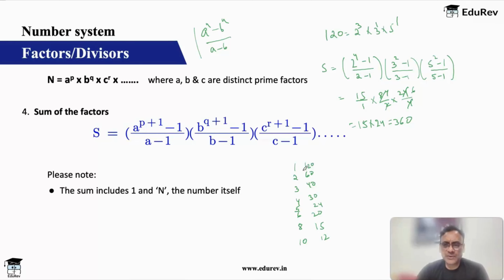Okay, let's manually add them. 1, 2, 3, 4 is 10. 5 plus 6 is 11. 11 plus 8 is 19. 19 plus 10 is 29. This is 29. I'm just making parts of 4. Then if I add here 4, 5, 6, 7. 7 plus 4, 11. 1 carry. 2, 2, 4, 5, 6, 7. I have 71.